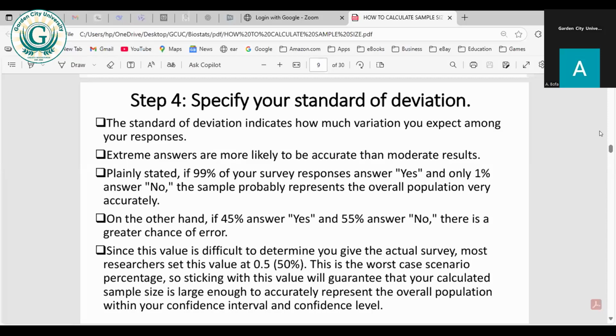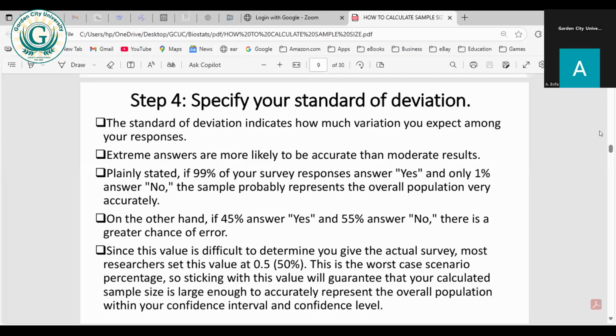So for example, if I'm to check if students are interested in biostatistics, let's assume that from previous research, it is perceived that 60% are interested and 40% are not interested. So it means that the standard of deviation is going to be 60-40.